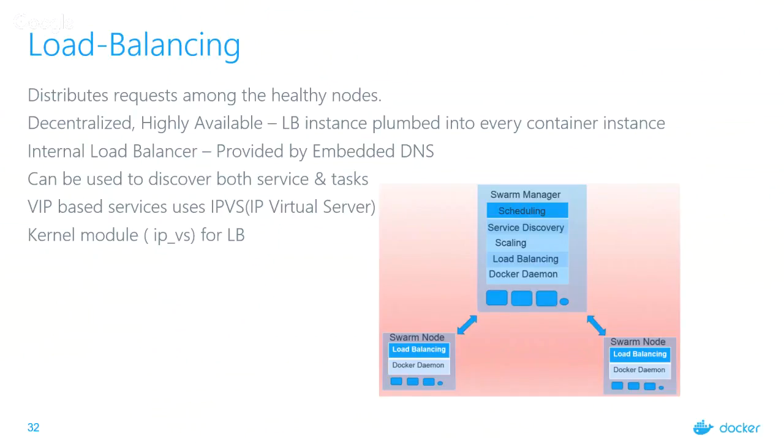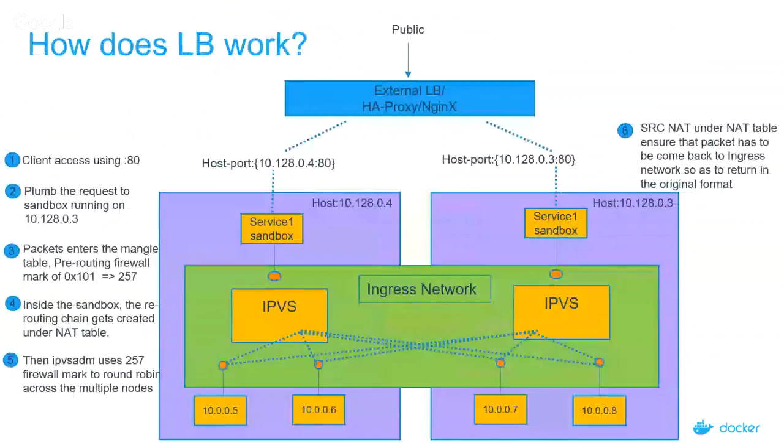If you want to see in detail how the load balancing works, whenever a client accesses the web application through port 80, it gets plumbed into a sandbox which is running on a particular host. I have taken an example with two hosts, 10.128.0.4 and 10.128.0.3, and whenever a request comes, since they are in the cluster, the request goes to the service sandbox.